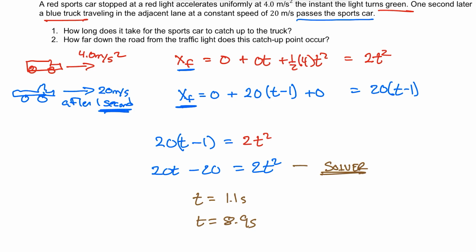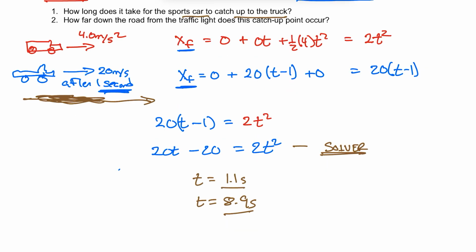How long does it take for the sports car to catch up to the truck? Now, do you realize that in this instance, the truck is going to first pass the car because the car is just starting to accelerate, or the truck is going to go fast first, but he keeps the same motion. So we've got to decide which of these is the correct answer.